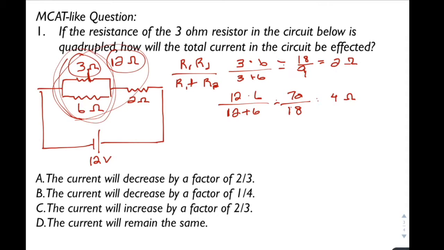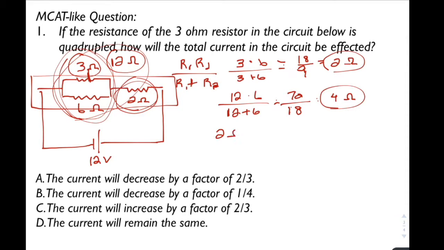Since this parallel circuit is now in series with the 2 ohm resistor here, I need to take 2 ohms and 4 ohms and add them separately to the 2 ohms to find the equivalent resistance of the series. I take 2 ohms from right here and add it to the 2 ohms it's in series with, and that gives me an equivalent resistance of 4 ohms.